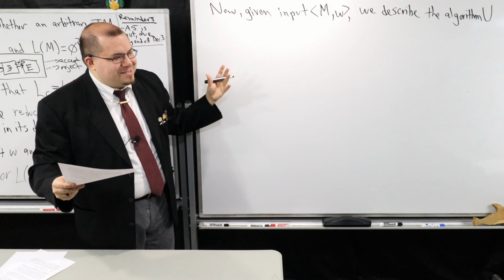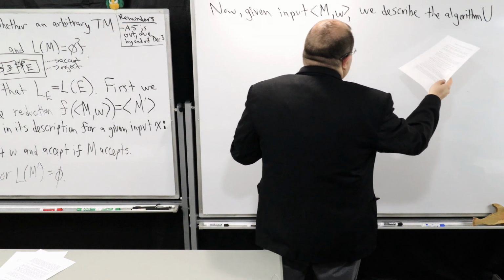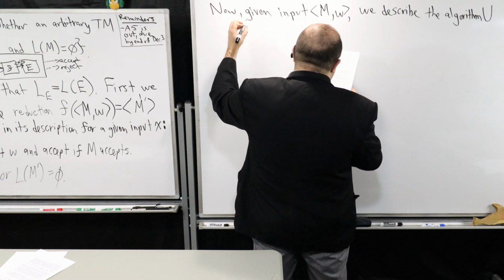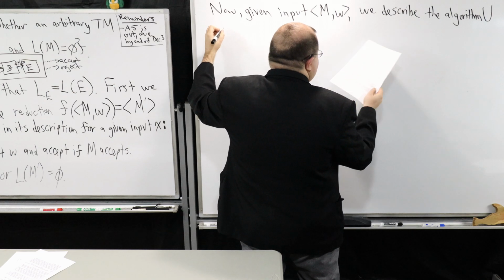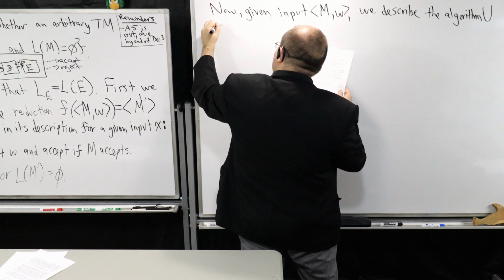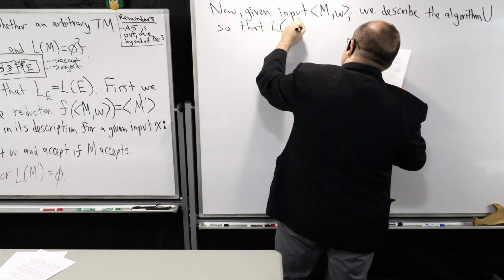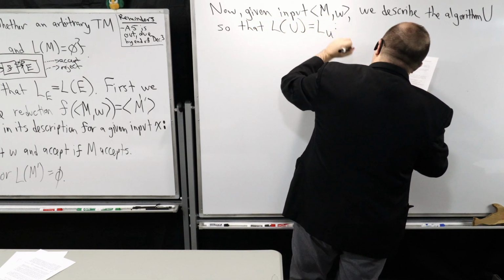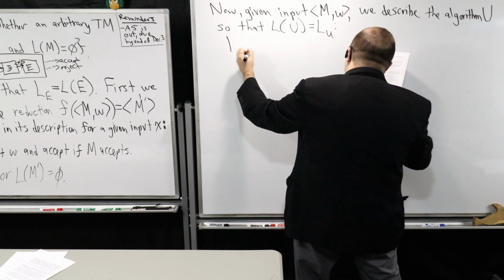So I want to describe it as something a little bit less confusing. So I'm going to call it U like I did last time. You don't have to call it that. That's just what I've decided to call it. Describe the algorithm U so that the language of U is in fact the universal language.